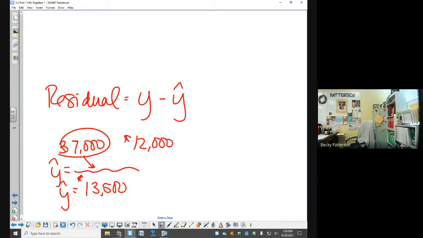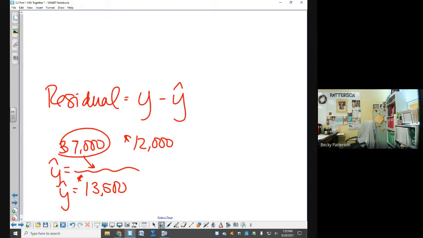Yeah, something's off, something's wrong, it's probably damaged, or it might be in bad condition, or it might be like baby poop brown, whatever, but I'm not selling it for what it is predicted to sell for. So what would my residual be? Negative 1,500. Because it is always y, what actually happened, minus the predicted.